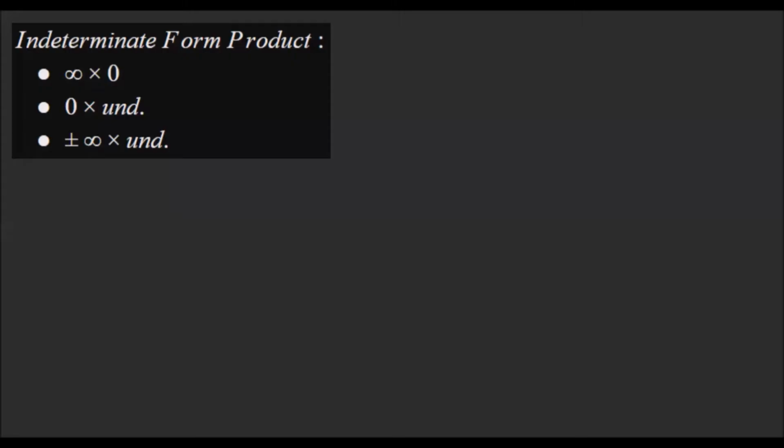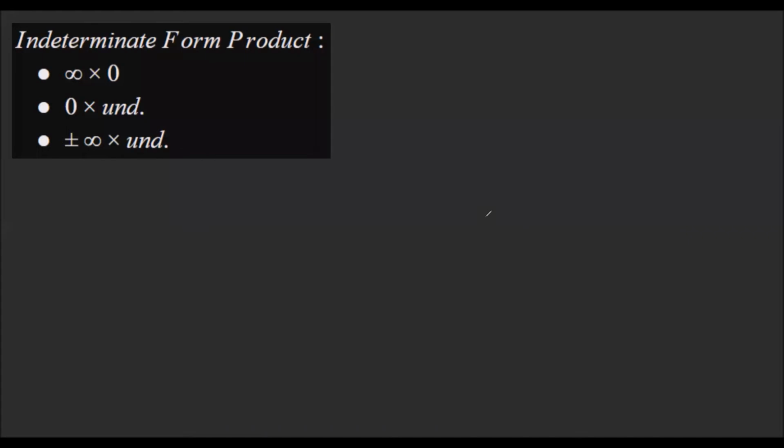Now, keep in mind that you're not taking the derivative of the actual fraction itself. You're just taking the derivative of the numerator over the derivative of the denominator. So this one is quite simple, and hopefully you're familiar. Now, here are what I like to call indeterminate product forms.